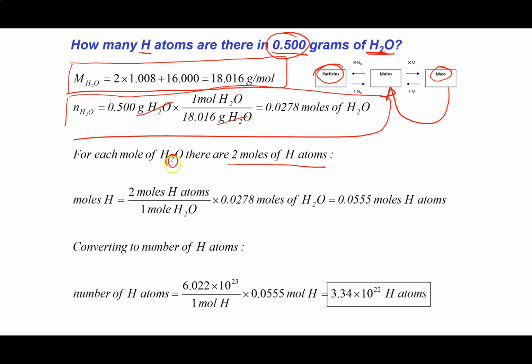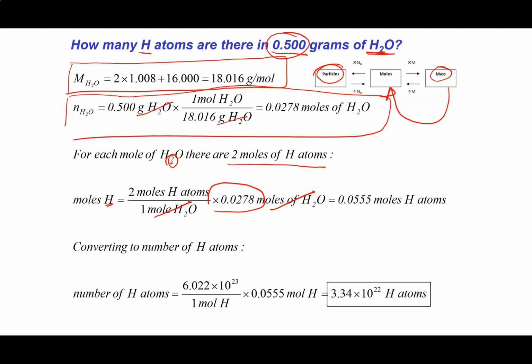So in this case, we're talking about a mole of water molecules. So there's going to be 2 moles of hydrogen atoms, 1 mole of oxygen atoms for every 1 mole of water molecules. So to get my moles of hydrogen atoms, I have to take into account that I get 2 moles of hydrogen atoms for every 1 mole of water molecules, and I knew from the previous part of the problem that I had 0.0278 moles of water molecules.